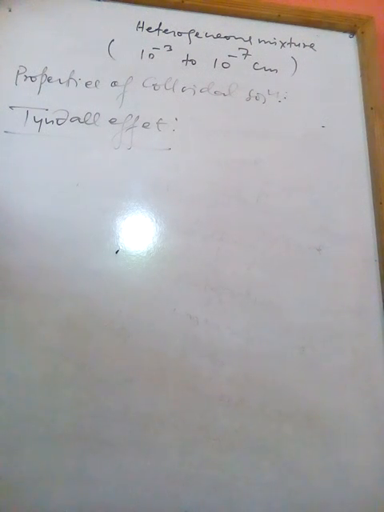Tyndall effect can be observed when a beam of light enters a room through a small hole or ventilation. This happens due to the scattering of light by the particles of dust and smoke present in air.